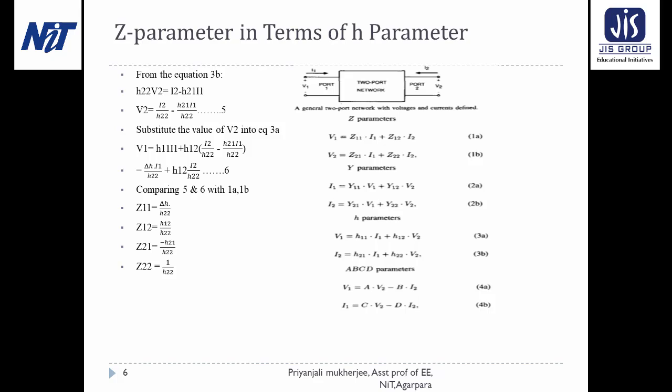And Z12 is H12 by H22, Z21 is minus H21 by H22, whereas Z22 equals 1 by H22, because the equation is Z11 I1 plus Z12 into I2. So by comparing, we can find all the Z parameters in terms of the H parameters.